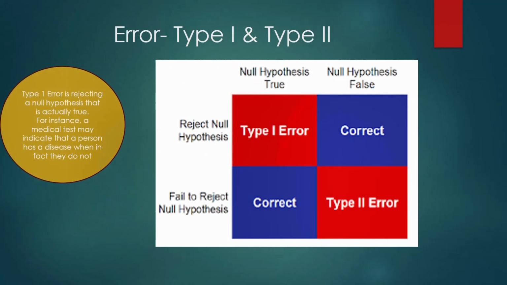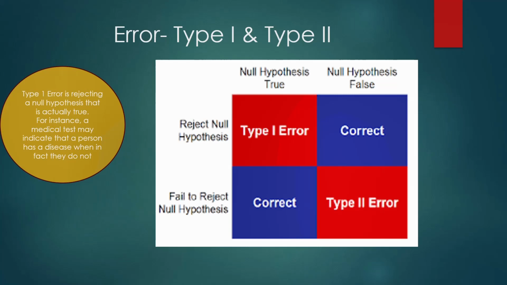Okay, then the next important topic is type 1 error and type 2 error. There are mainly two errors that can happen while we are doing hypothesis testing. Even though we are fixing the level of significance, there is a chance of error.